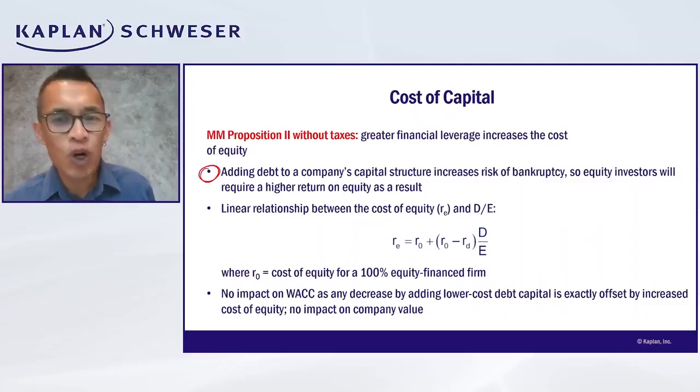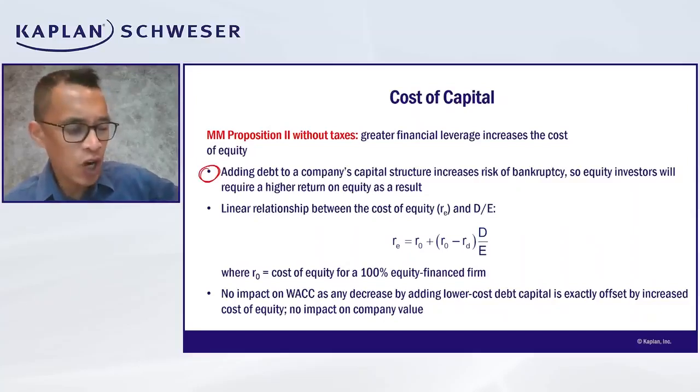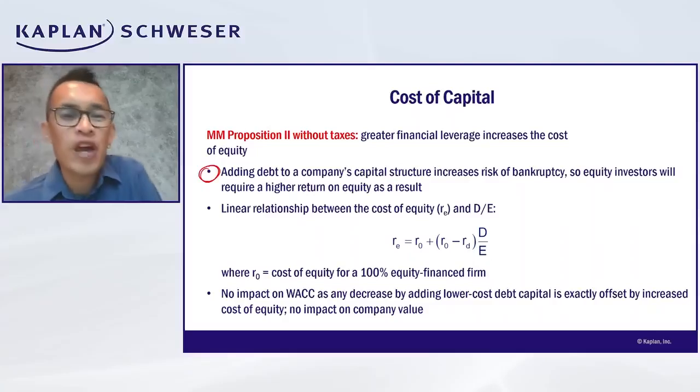The lower cost of debt is counterbalanced with the higher cost of equity, which results in no change in company value. Okay. Now note that bankruptcy is possible, but there is no explicit bankruptcy cost to consider in this example.